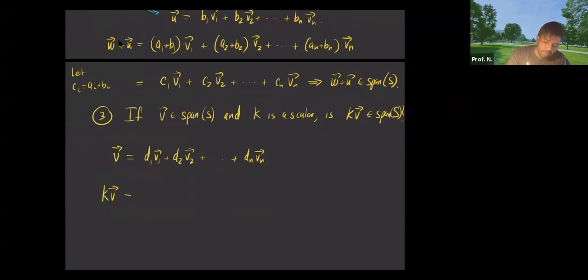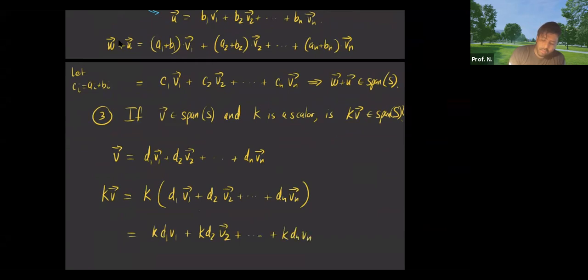Doesn't this become K times D1 V1 plus D2 V2 all the way down to Dn Vn? But when you multiply, don't you distribute the K? Don't you get K D1 V1 plus K D2 V2 plus all the way to K Dn Vn?